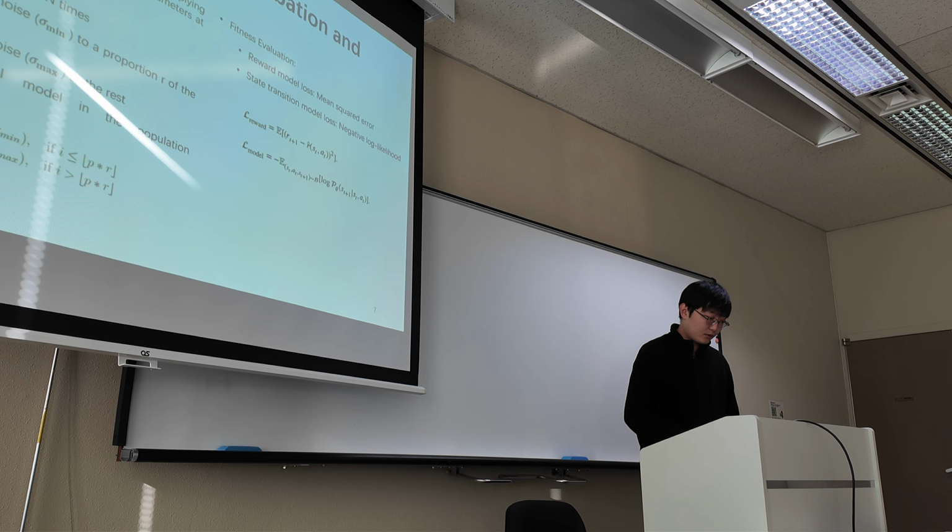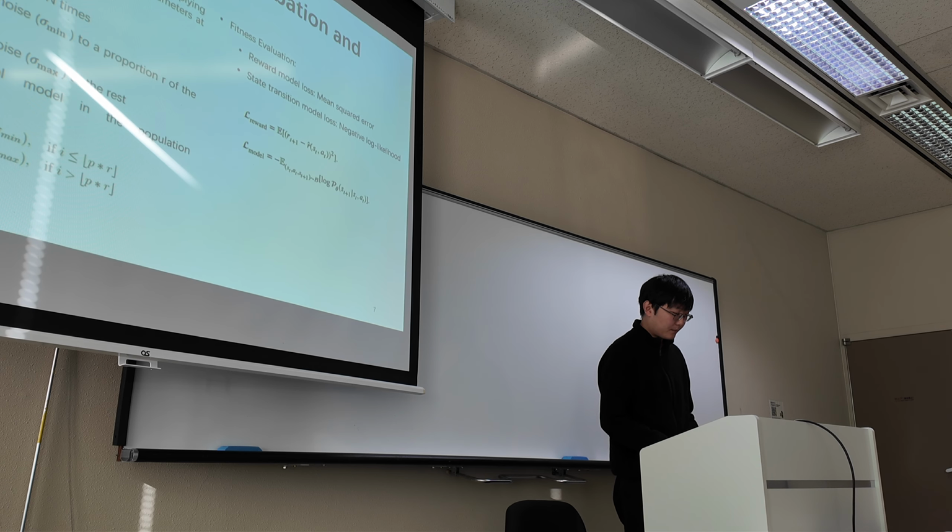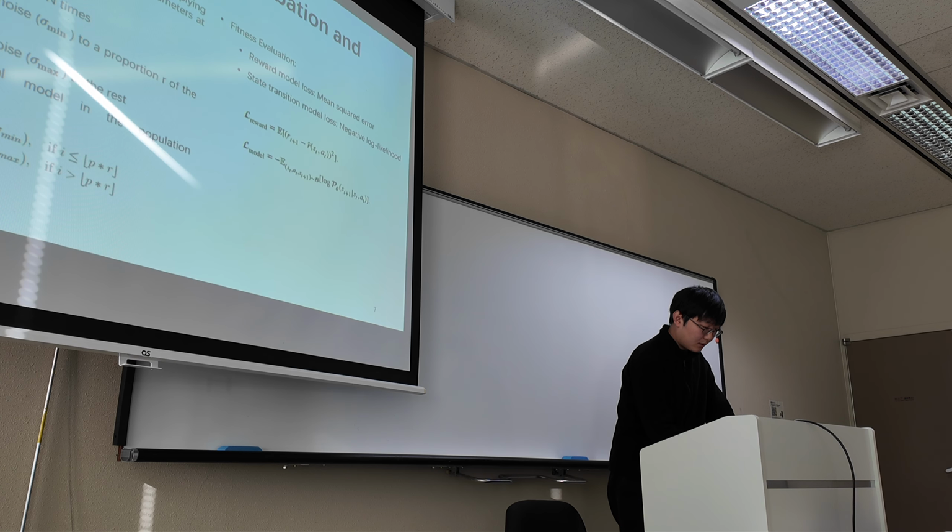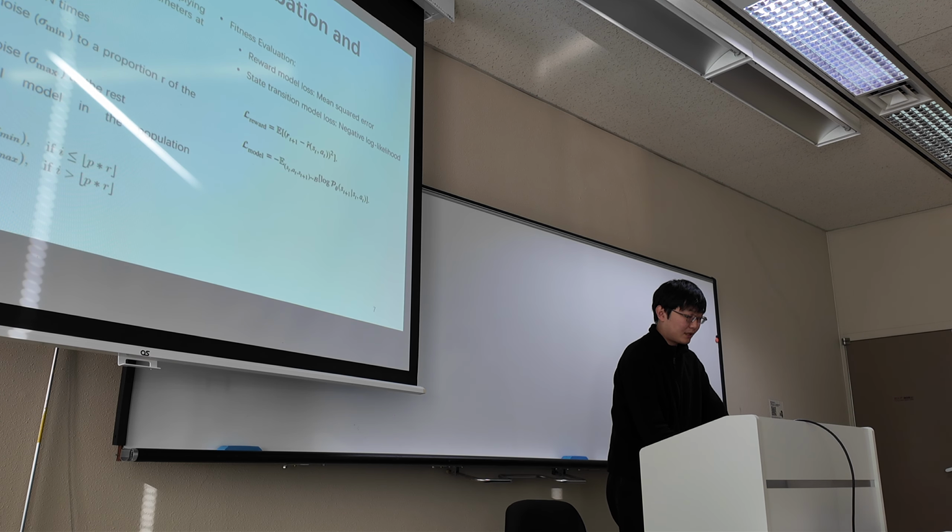Now I will explain the evolutionary process in detail. And to build a population of environment models, we clone the original model n times. And the model here is implemented as a neural network.